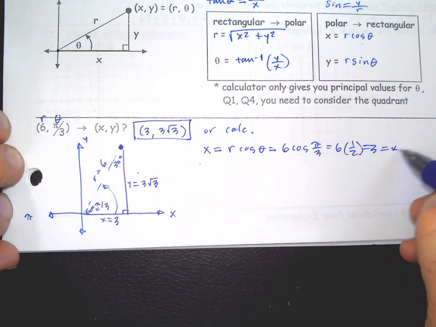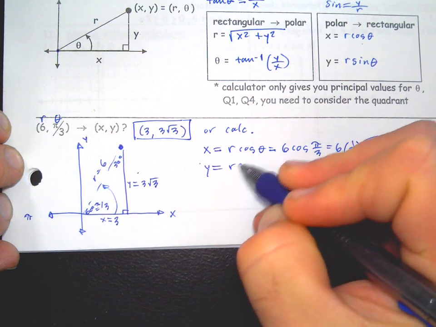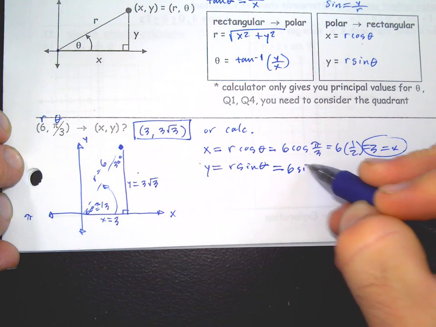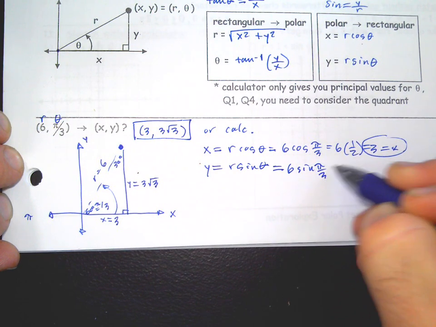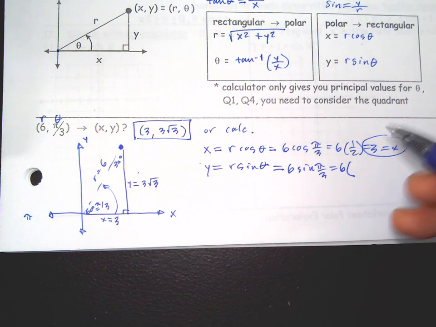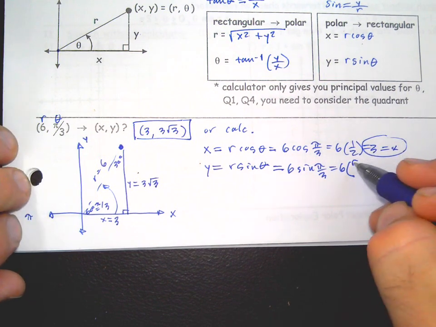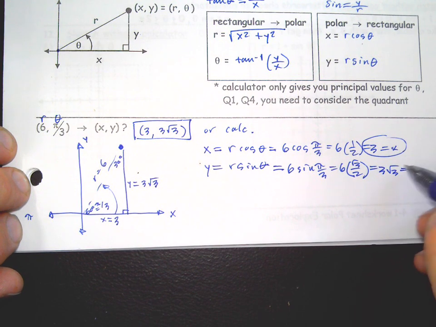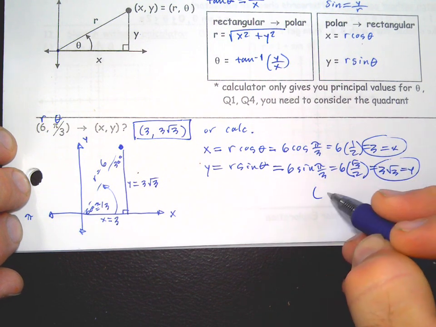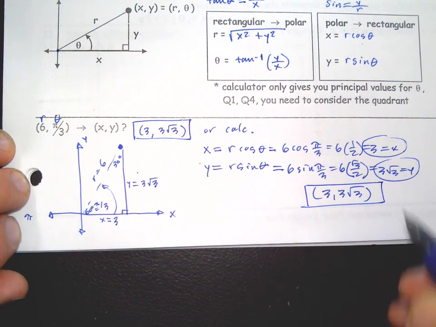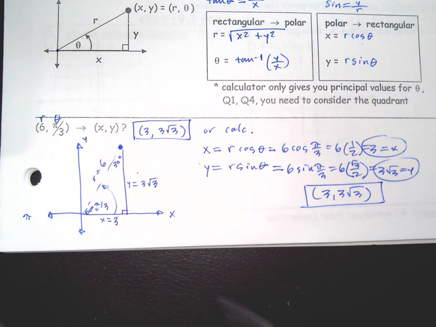And so you get your x value that way. And then the y value would be r sine theta. I'd recommend writing these formulas down as you're using them because it'll help you remember them. Sine of pi over 3, well, that's 0, 1/2, root 2 over 2, root 3 over 2, which gives you 3 root 3, and that's your y. And so then that's your answer. So it's probably a little faster, and you don't have to draw the picture every time. But the picture, at least at first, as you're trying to get the hang of this, is kind of helpful.